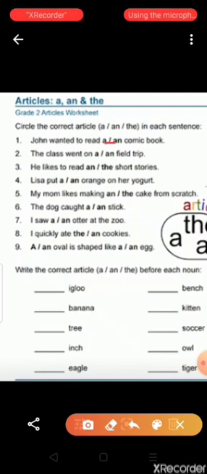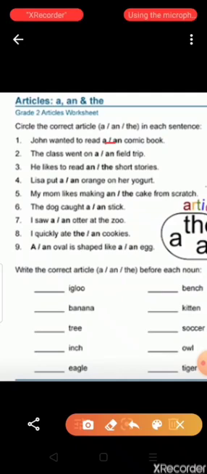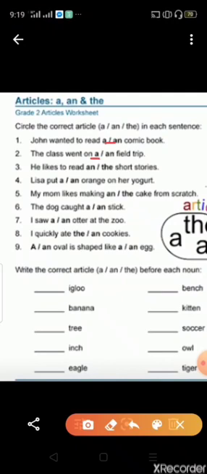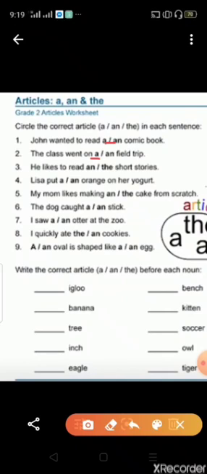The class went on a or an field trip. So we are going to choose a. He likes to read an or the short story, because we are emphasizing the short story, so we are going to choose the.